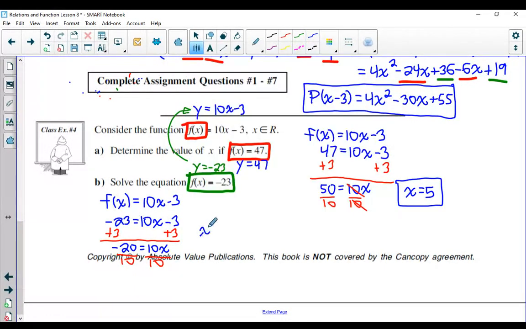And then I would get x is equal to negative 2. So which means when y is negative 23, x is negative 2. Or in part A, when y is 47, x is 5. So we're just doing it the other way around. We're starting at the output value and trying to go backwards and figure out what the input value is.